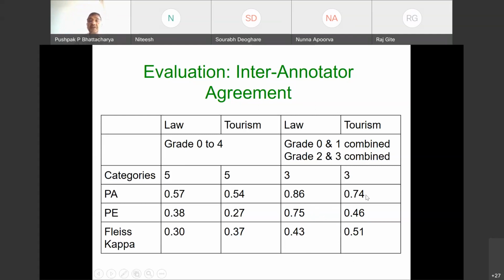But notice this point. The Fleiss' Kappa score increases when we merge categories. Okay, so as the number of classes reduces, the categorization becomes more and more coarse. This fine distinction or discrimination between different categories reduces, and that reduces the cognitive load on the annotators or the evaluators.